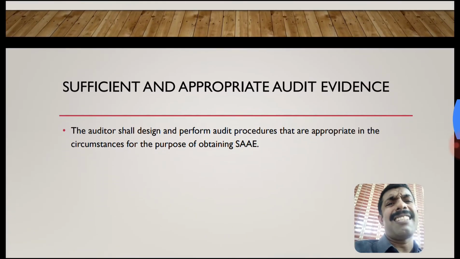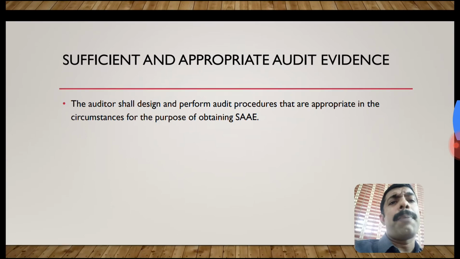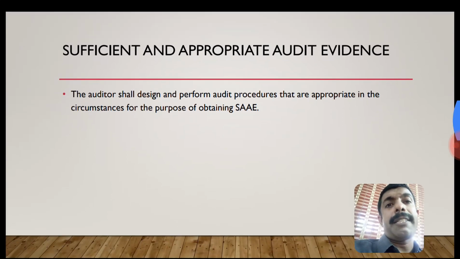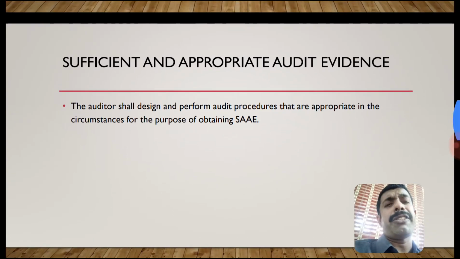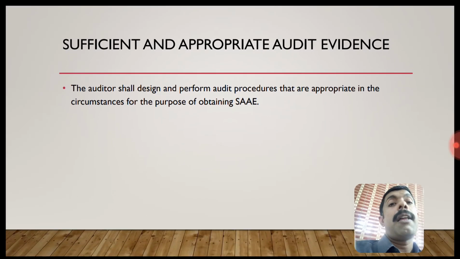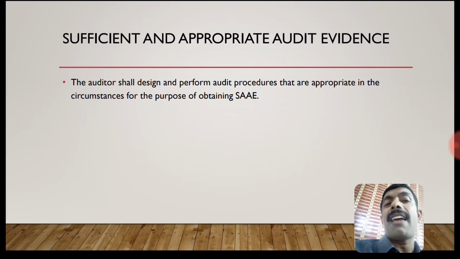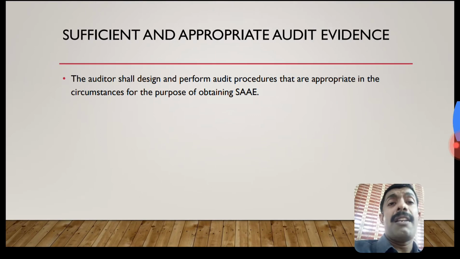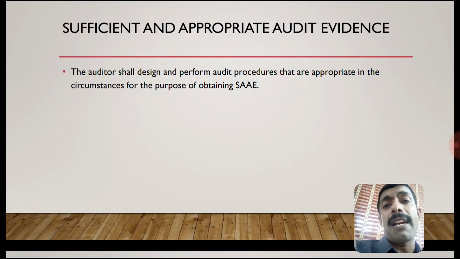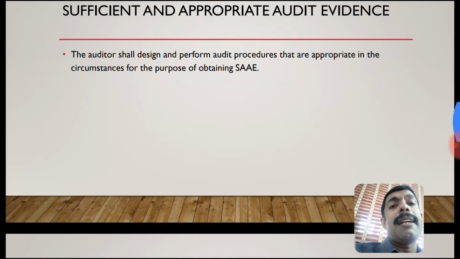Let us discuss the sufficient and appropriate audit evidence. As we discussed, audit evidence should possess two requisite qualities, that is called sufficient and appropriate audit evidence. Audit evidence should be of the needed quantity and the needed quality.